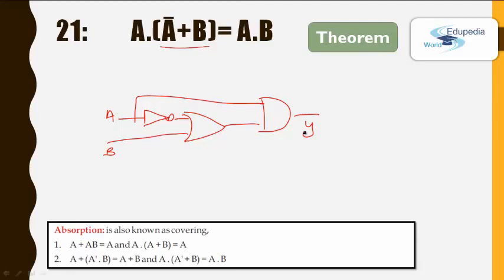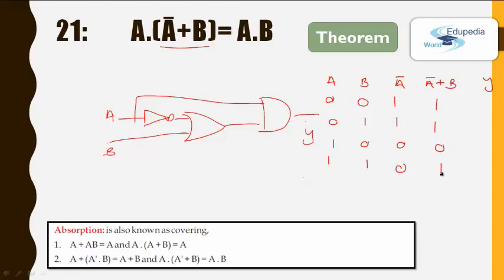Let's try to create the truth table for the left hand side. We have two inputs A and B, the intermediary step A bar, the next intermediary step A bar plus B, and the output Y. Now let's fill the input values: 0 0 1 1, 0 1 0 1, and the intermediary step A bar: 1 1 0 0, and the next intermediary step A bar plus B: 1 1 0 1.